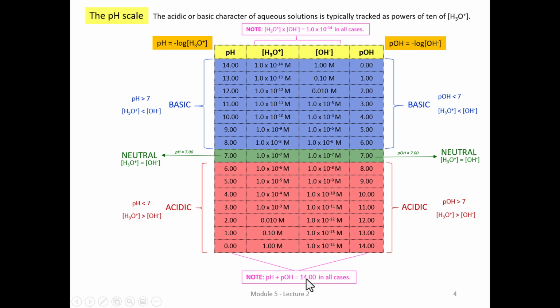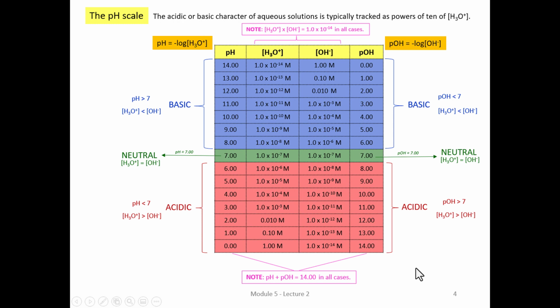Now, almost all the time, we will talk about pH, which means we're going to be thinking about the hydronium ion concentration and whether it's greater than or less than the hydroxide ion concentration. However, knowing the definition of pOH will give us some alternate ways and sometimes maybe some shortcuts in some calculations involving acids and bases.